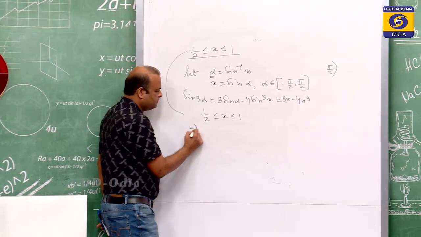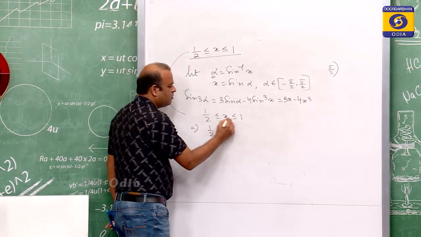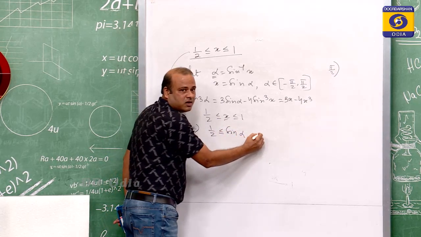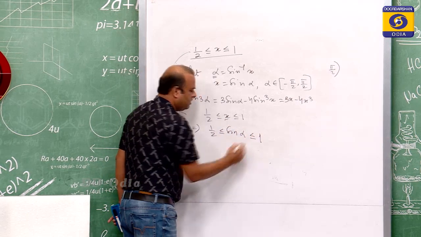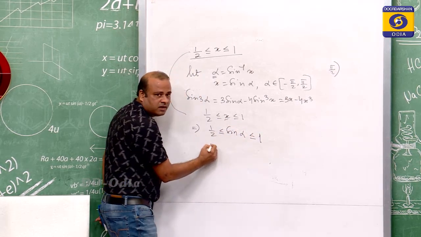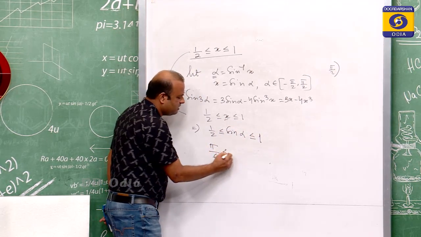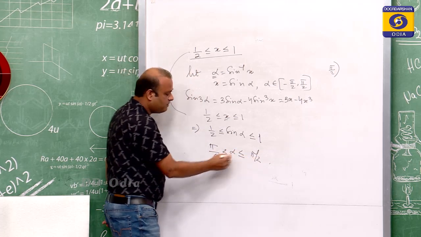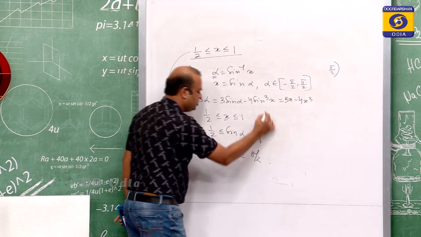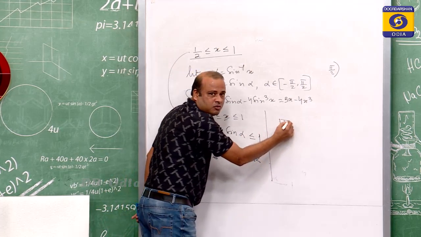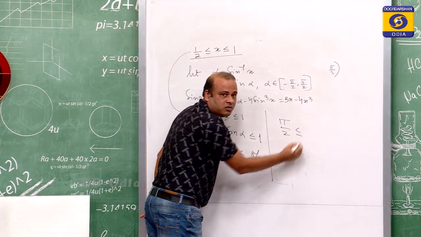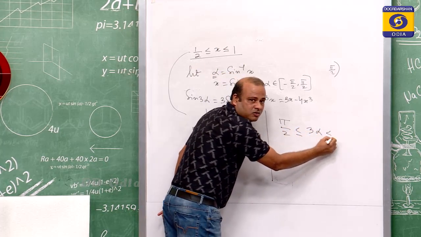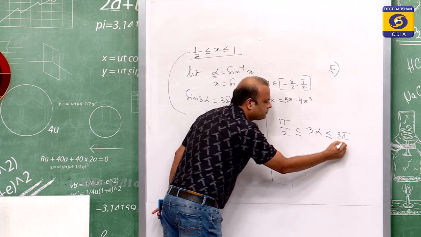This implies 1 by 2 less than or equal to x, which is your sin alpha, less than or equal to 1. So alpha lies between pi by 6 less than or equal to alpha less than or equal to pi by 2. Multiplying by 3, that is pi by 2 less than or equal to 3 alpha less than or equal to 3 pi by 2.